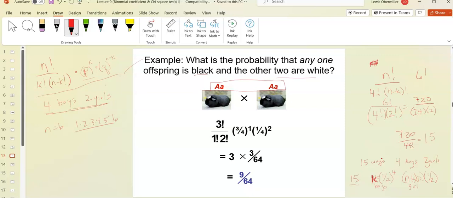Right, and then we have to raise it to the n minus k power. n is 6, and k is 4. So 6 minus 4 is 2. So we raise it to the second power. So that's girls, 1/2 times 1/2. So in the end, it's 1/2 to the 6th power, which is 1/64th, right? And so if we multiply this out, we should get 15/64 probability of getting 4 boys and 2 girls.